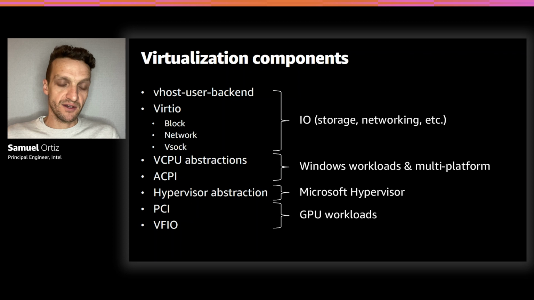The VFIO ioctl crate has actually been merged very recently. And also to expose those GPUs, all of them actually run on top of a PCI bus. So you need to emulate the PCI bus for the guest to be able to see those GPUs. So those are the major components that we want to add to Rust-vmm in the short term and maybe a longer term for some of them.